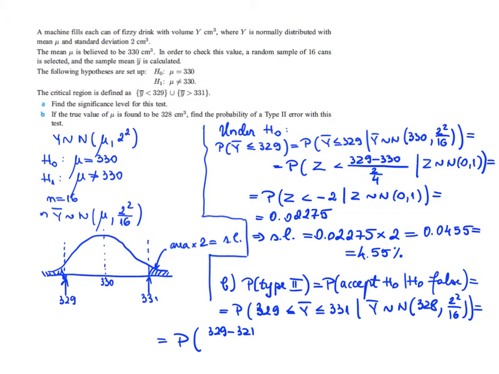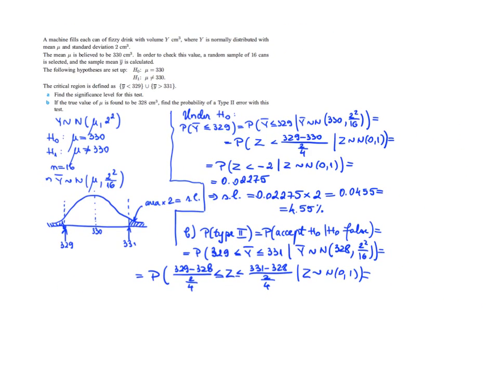I can again standardize or use a calculator. So then I calculate the probability, which is the probability of a type 2 error.